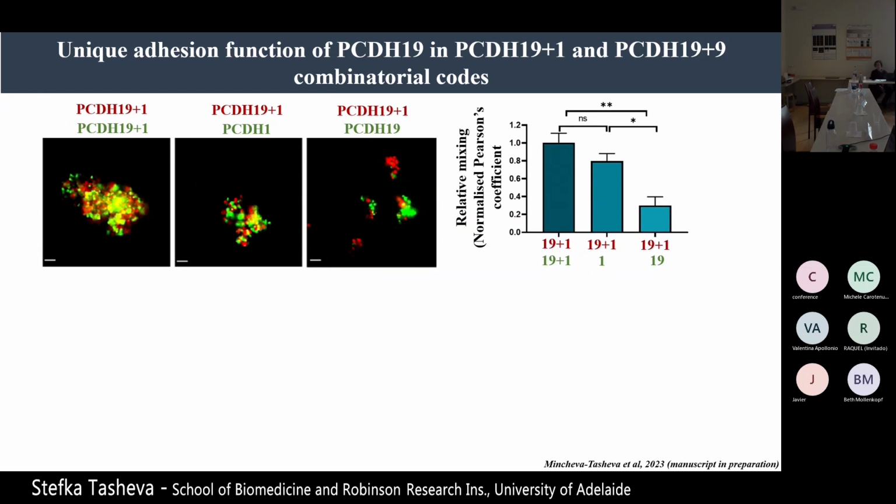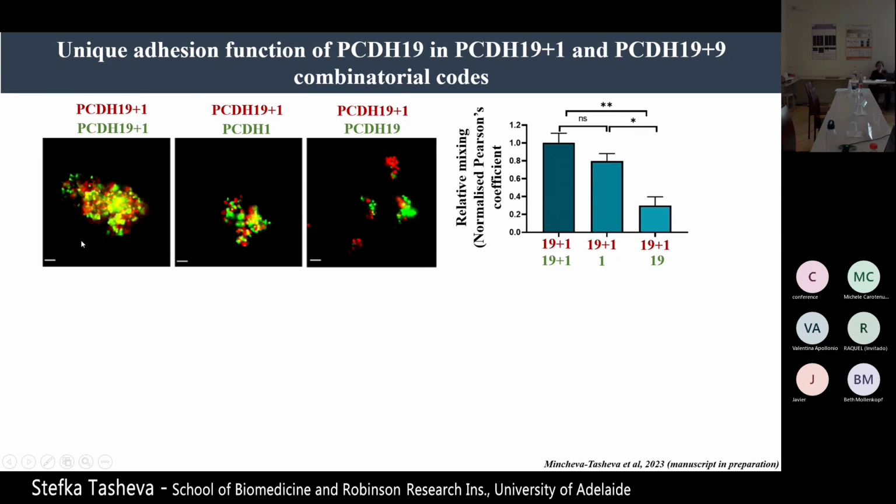So next we evaluated what's the role of PCDH19 in this combinatorial expression, and to this end we performed a mismatch aggregation assay. It's a pretty similar principle. So we have cells that express the complete combinatorial code, that's 19+1, expressing mCherry, and cells expressing the same code with GFP.